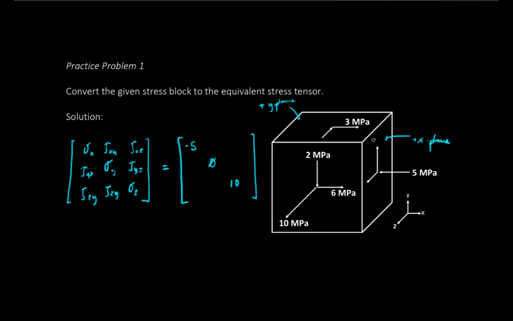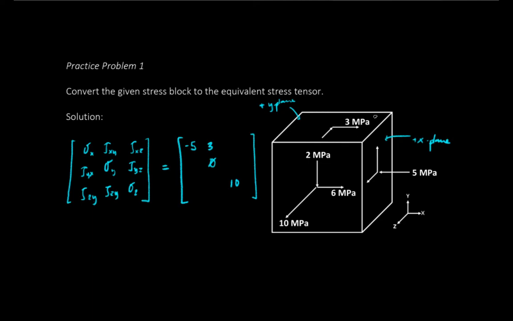This is 3 megapascals, and it's in the positive x plane moving in the positive y direction. Therefore, it should be given a positive value. So positive gives us a positive shear stress value. That's +3.